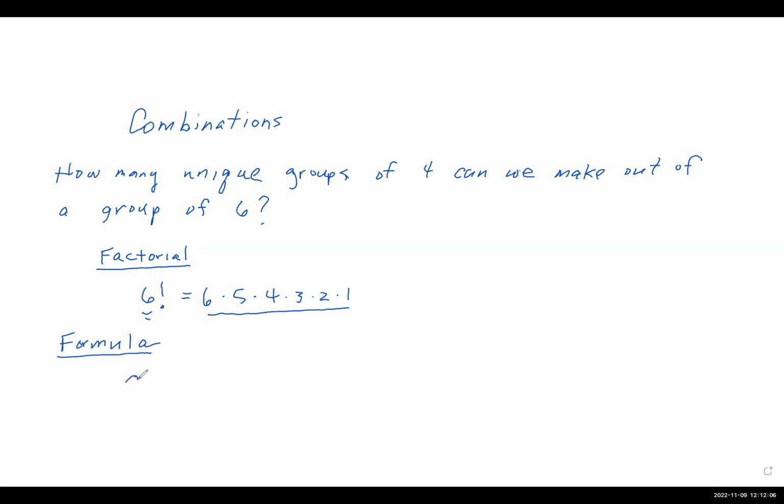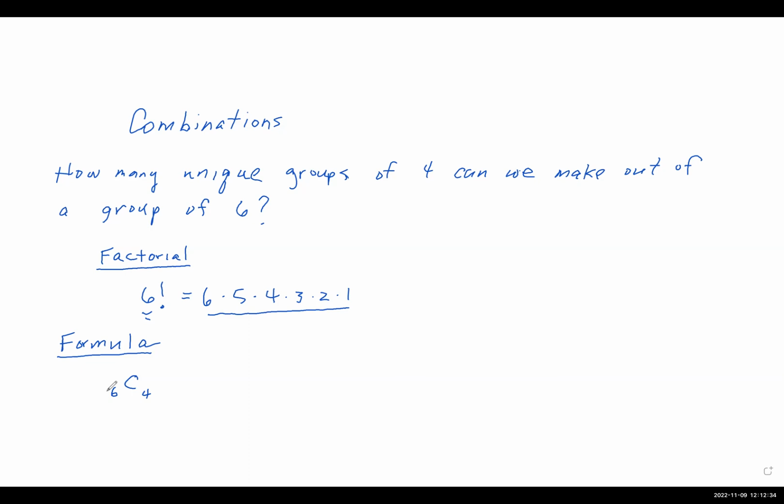It's a big C. On the left subscript of the C is the larger group. I had 6 students, and on the right subscript is how many I'm putting in each group. So that's read as the combination of 6 items taken 4 at a time. So the overall group is 6, and we're grouping them into groups of 4.